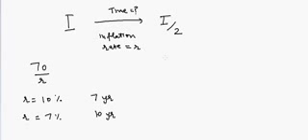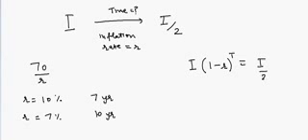Let's try to solve the same problem with a general approach. We have an investment and we have an inflation, so we say I times (1 minus R) to the power T, since the inflation is for time period T and compounded every year, and that should be equal to I divided by 2, right?